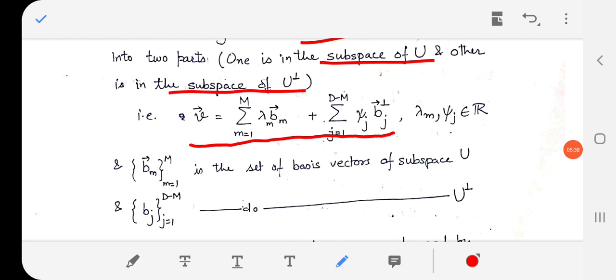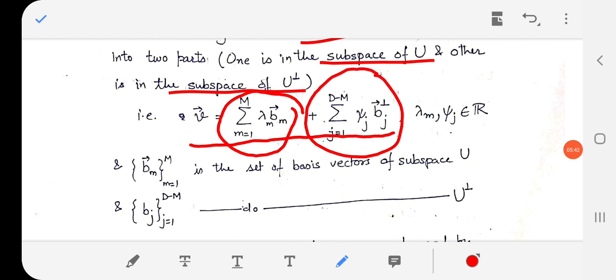This particular portion is the projection in U, and this particular portion is the projection over the U complement or U perpendicular. Now let us suppose that these are the basis vectors for U and these are the basis vectors for U orthogonal or U perpendicular.